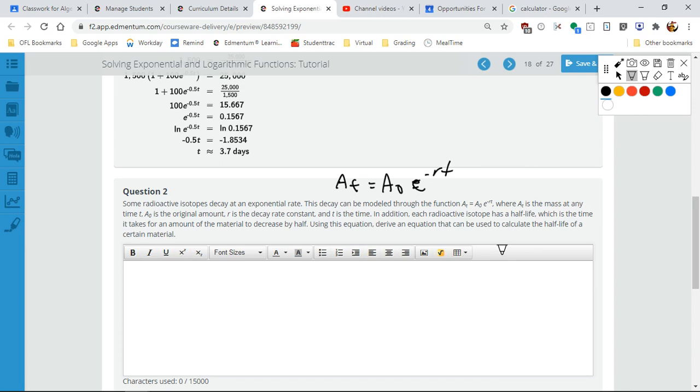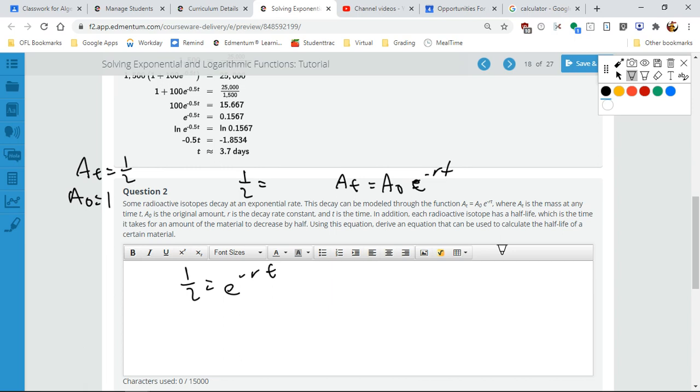So the way to do that is think about this as half of whatever we started with. So think of it as our A sub t is now a half and our A sub 0 was 1. So when we plug this in, it's 1/2 equals 1 times e to the negative rt. And they want us to solve for t. They want to figure out how much time it takes.